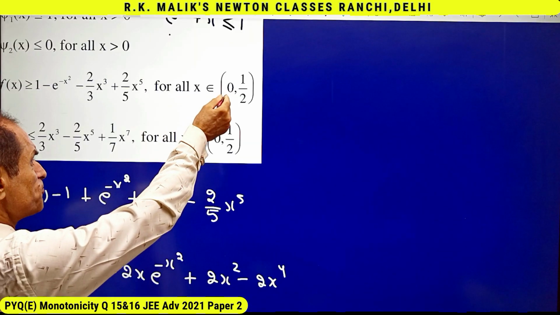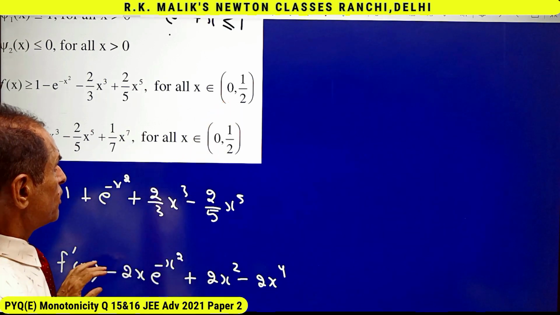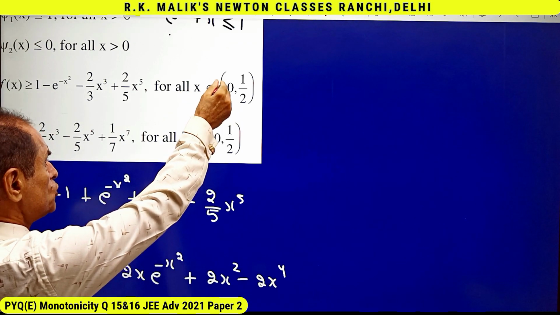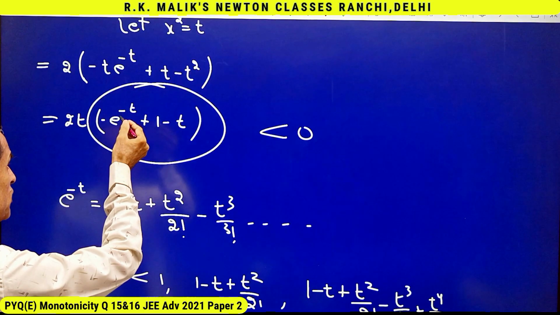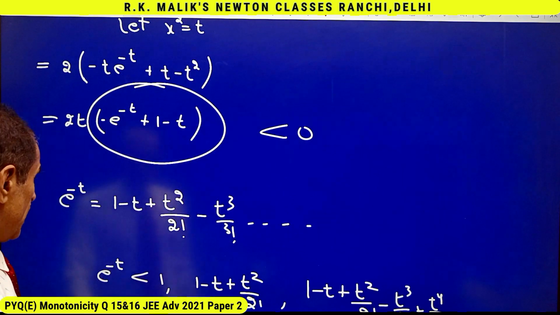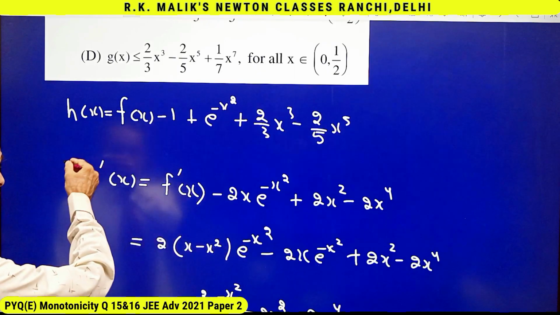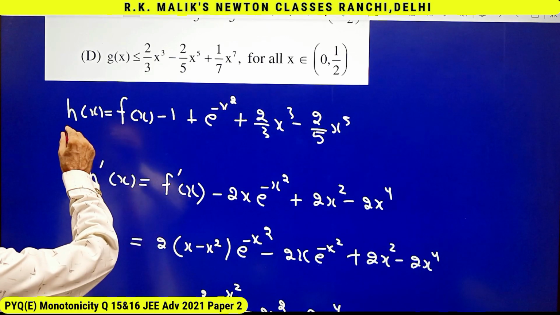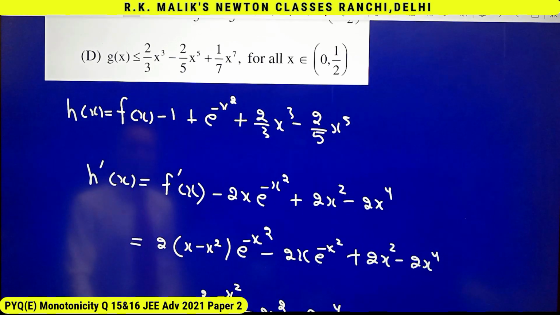And here x was belonging to 0 to 1 by 2, therefore x square will be belonging to 0 to 1 by 4. Therefore, for t lying between 0 and 1 by 4, this will be negative. Hence, I can say h dash x is negative. That is, I can say hx is a decreasing function.